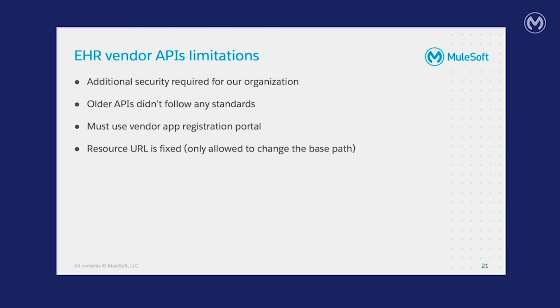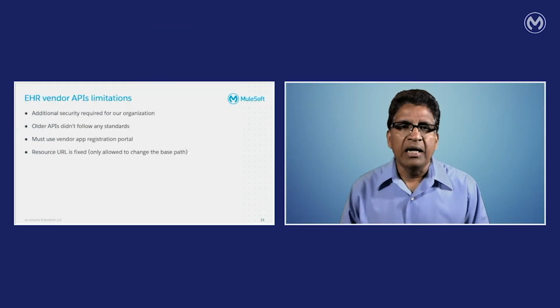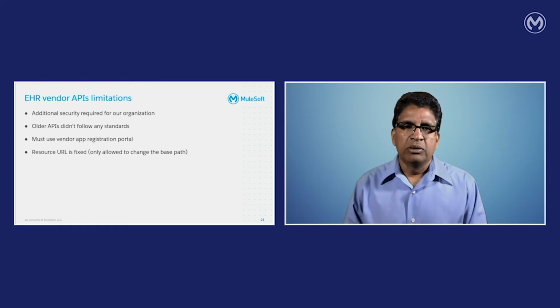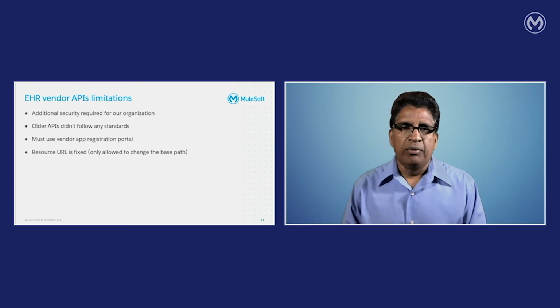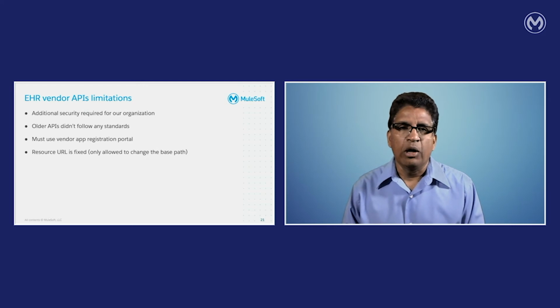We want to expose only the UCSF patient data. So we want to add additional security on top of what the EHR vendor provided, and we have to come up with a process and logic to filter those non-UCSF patients through the APIs.